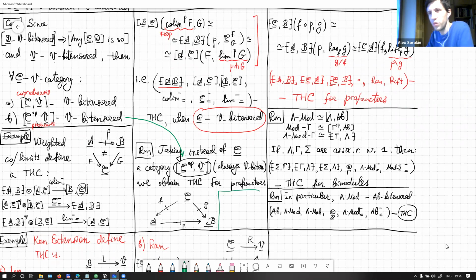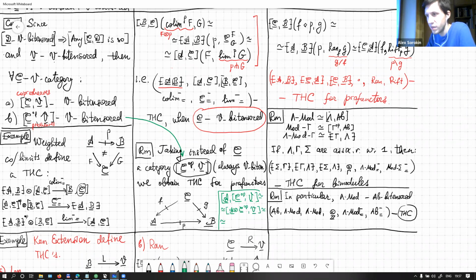Okay, also, how can I do this? I had before the category of functors from A to C. Right now I will have from A to C op, comma, V. This is isomorphic to A tensor C op, comma, V. It's just an adjunction, so a function of two variables can be considered as one function with values in functions of another variable.